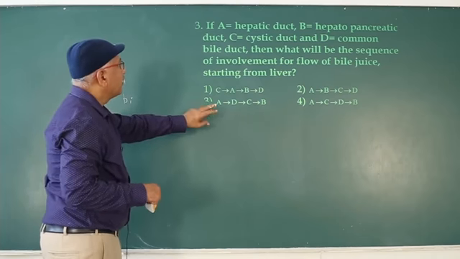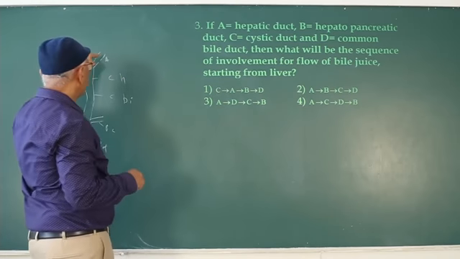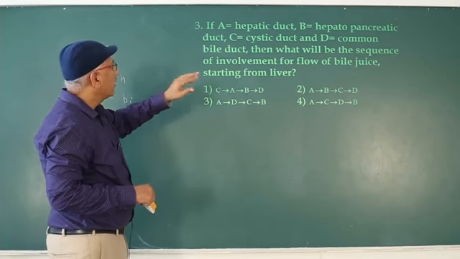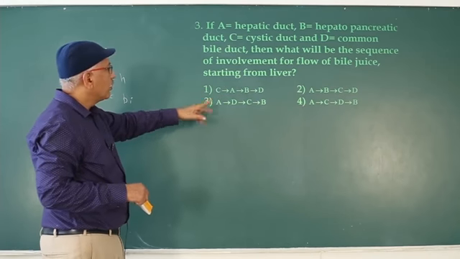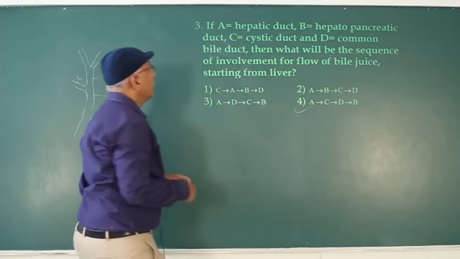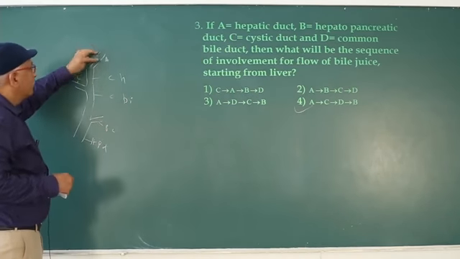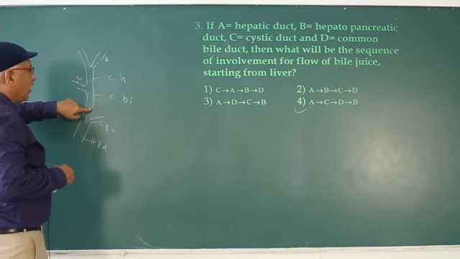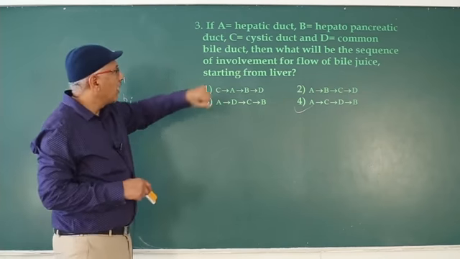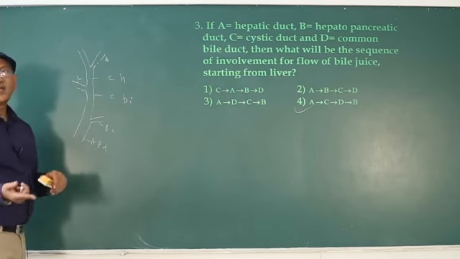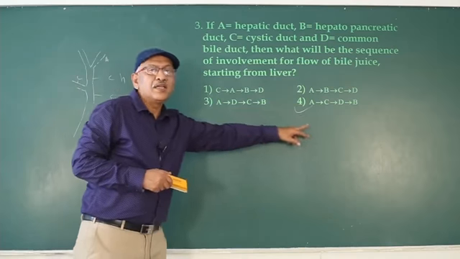Next one, A, hepatic duct, later D, common bile duct, so wrong. So fourth option: A, hepatic duct, common hepatic duct, later cystic duct, later common bile duct, finally hepatopancreatic duct. So option is fourth one.